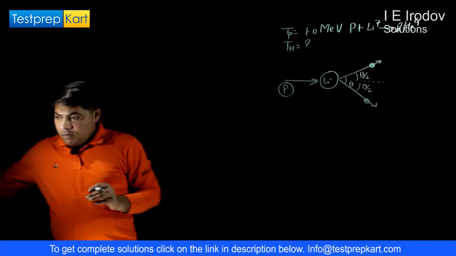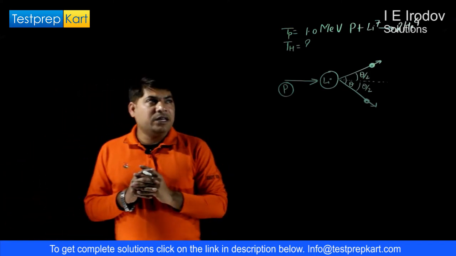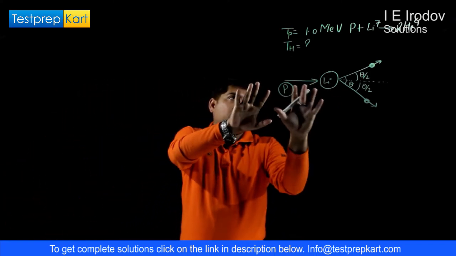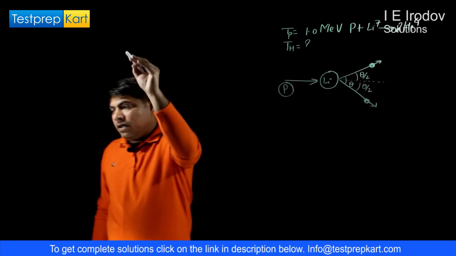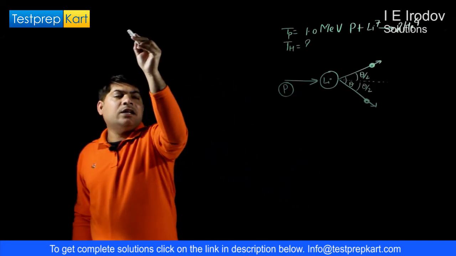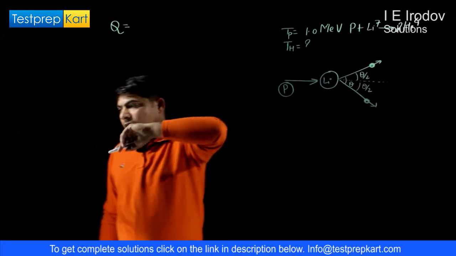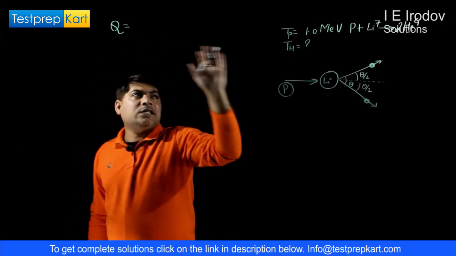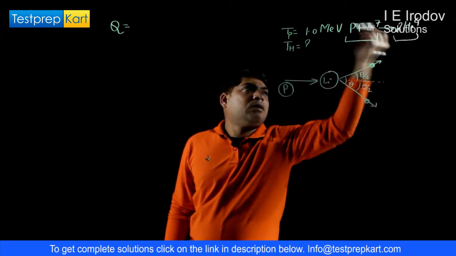Let's see how we can proceed from there. First, we can calculate the energy of this reaction, that is, how much energy is generated in this reaction. Let's call it Q. It must be equal to the energy difference in this reaction from the left side to the right side.